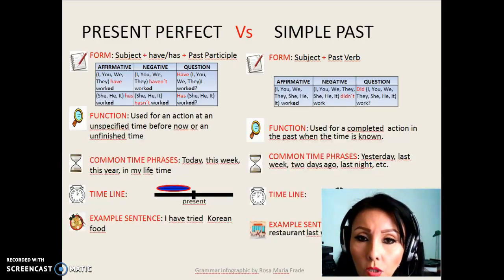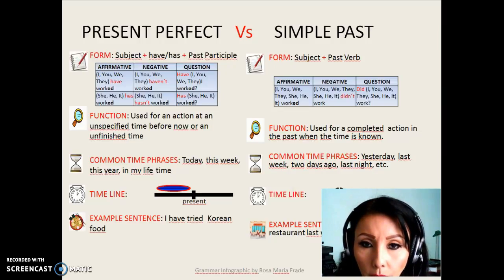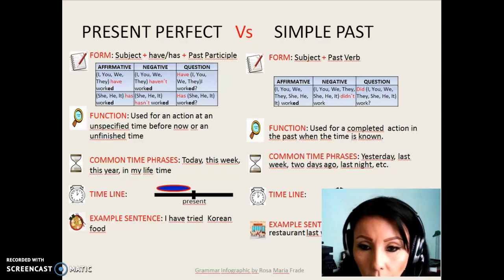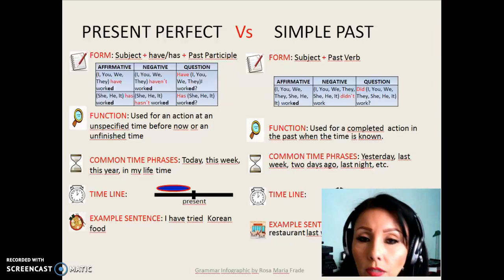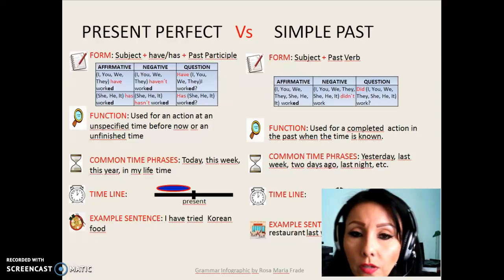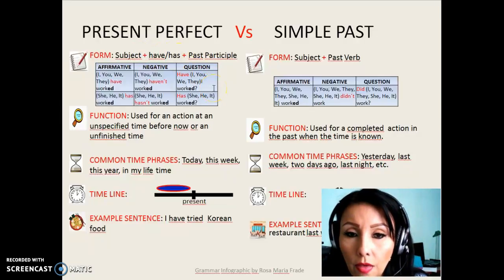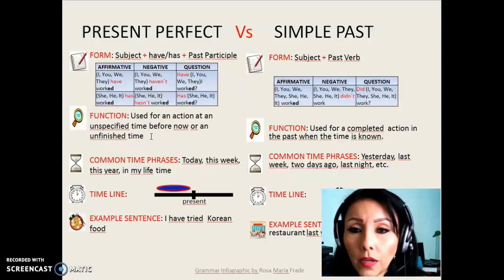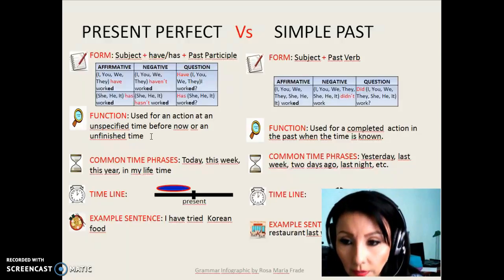Well, the presentation of the lesson plan is about 15 minutes. To develop this part, I'm going to show my students this grammar infographic. In this, they can appreciate the difference between present perfect and simple past. In the first part, I show them the structure of these two tenses. Then the function, I mean when it is necessary to use present perfect and when it is necessary to use simple past.